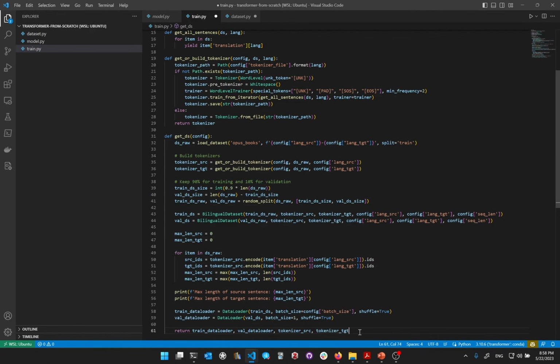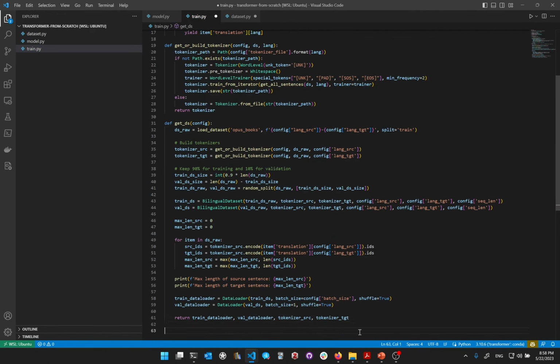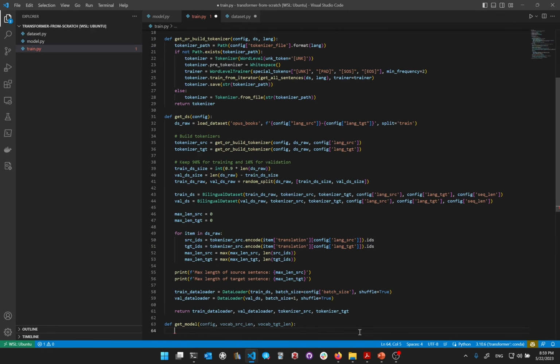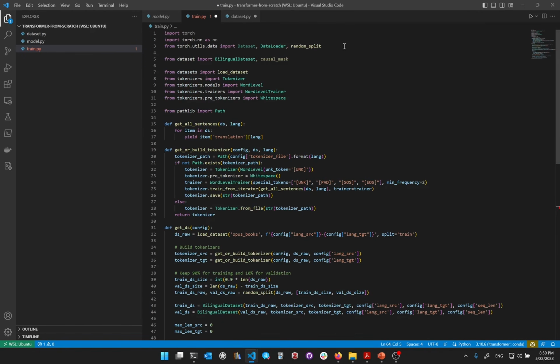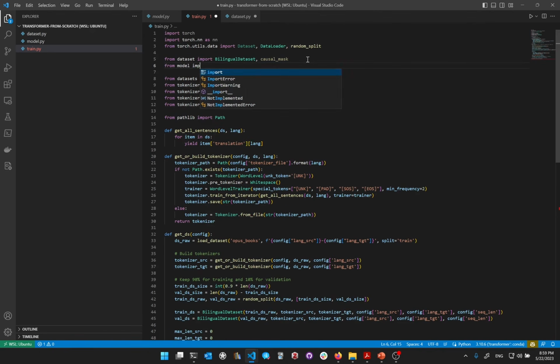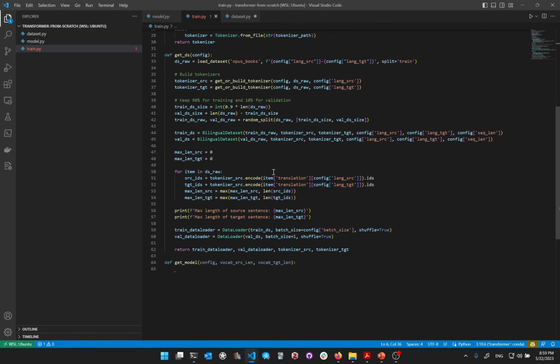Now we can start building the model. So let's define a new method called getModel, which will, according to our configuration and our vocabulary size, build the transformer model. We didn't import the model, so let's import it: build_transformer.